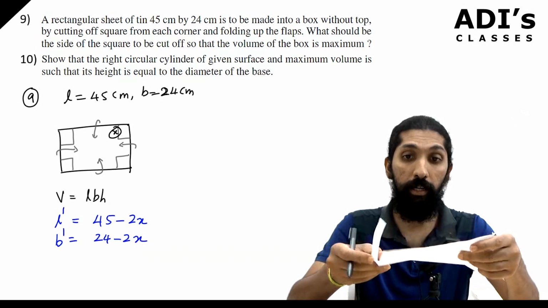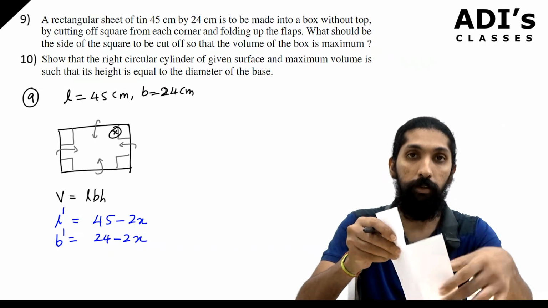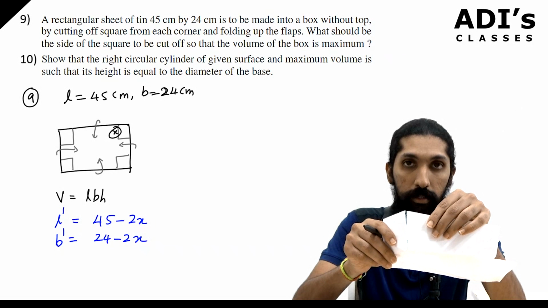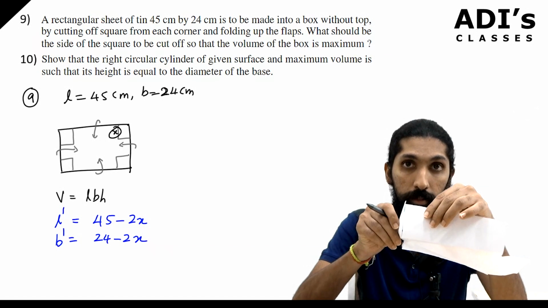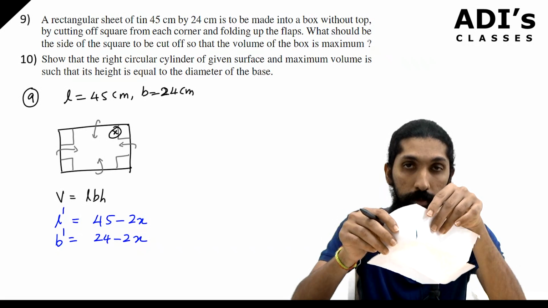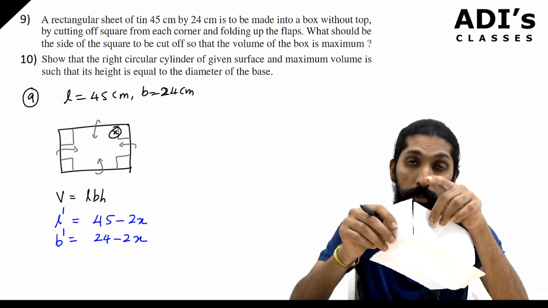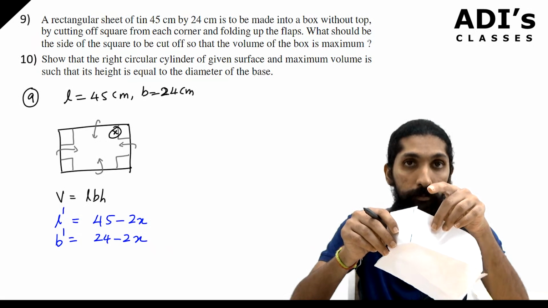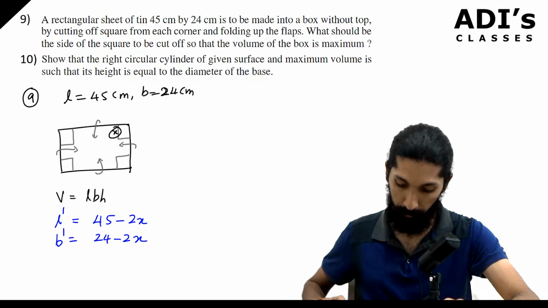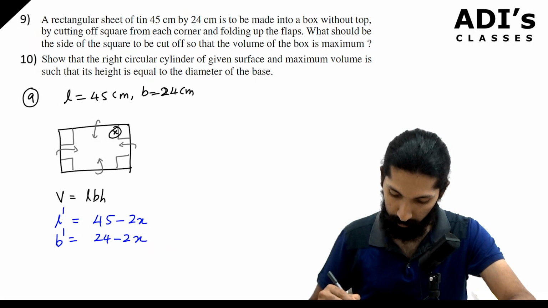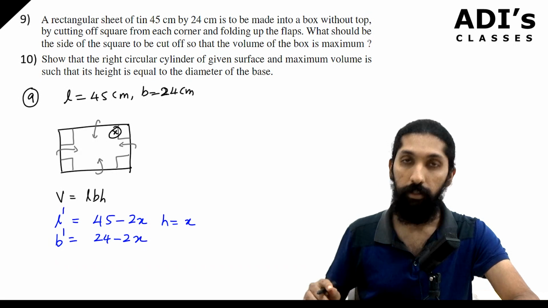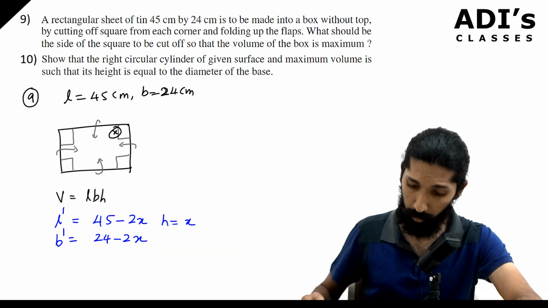Now the height is nothing but the height of the square itself. This part you're seeing here is the height of the square. That's nothing but the height of the cuboid itself, right? So we can say that the height h is nothing but x, correct?